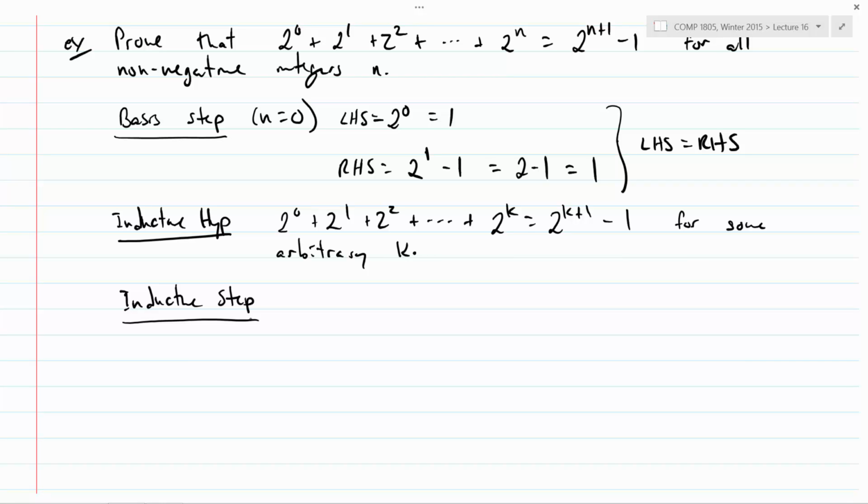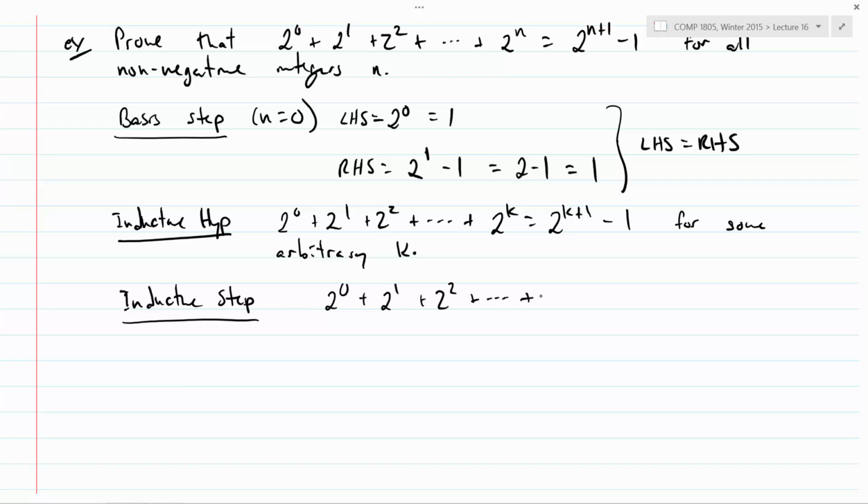You're trying to prove that the left side equals the right side? Yeah, so what is the left side in the inductive step? The sum. Okay, so the sum is 2 to the 0 plus 2 to the 1 plus 2 to the 2, all the way up to what? Well, 2 to the k is the sum I'm interested in my inductive hypothesis.